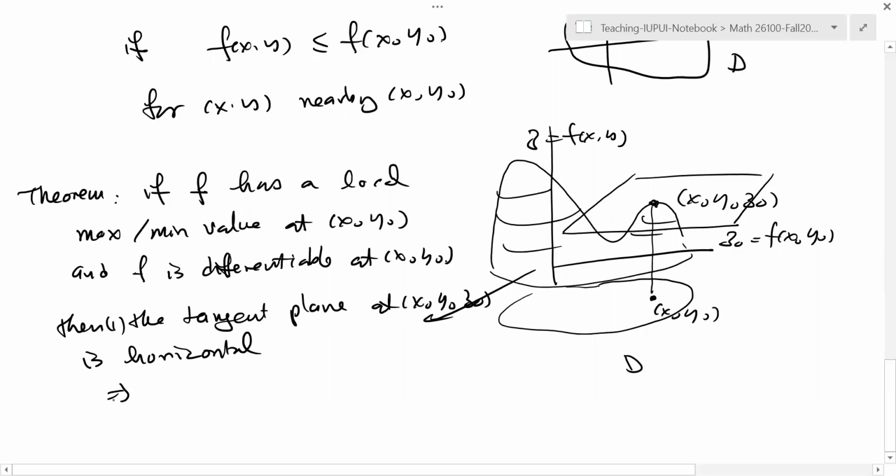And this is equivalent to saying that the partial derivatives are going to be 0.